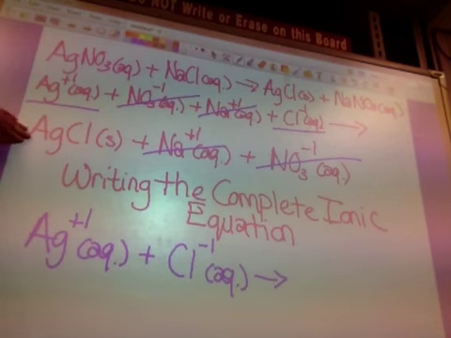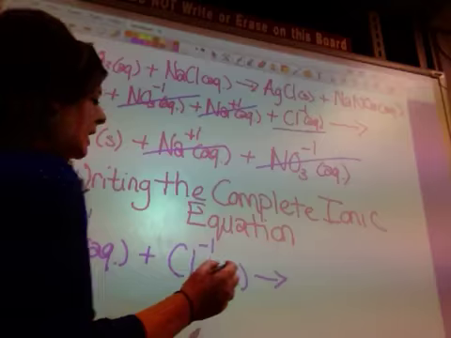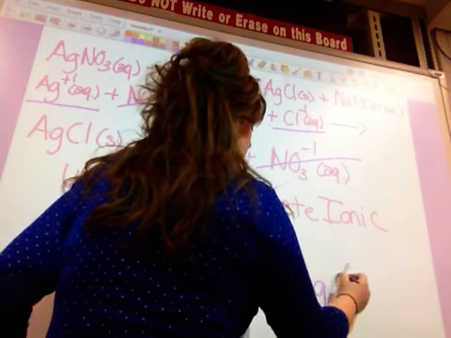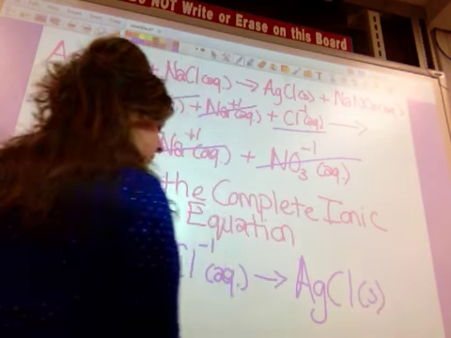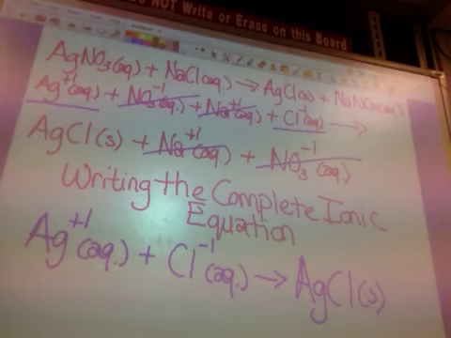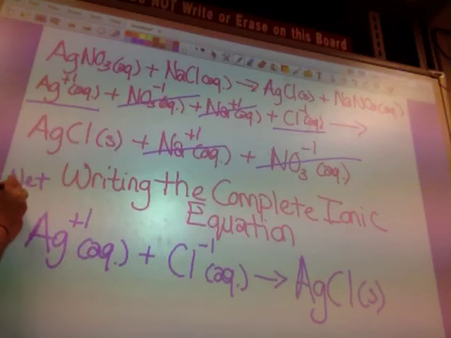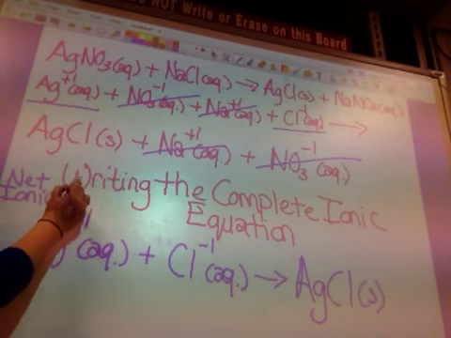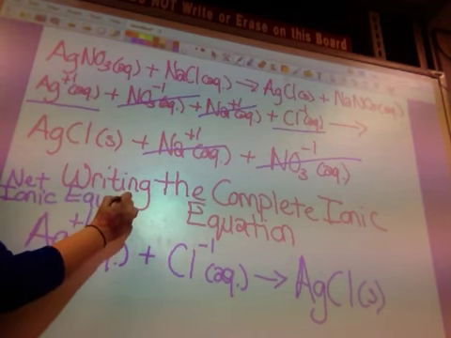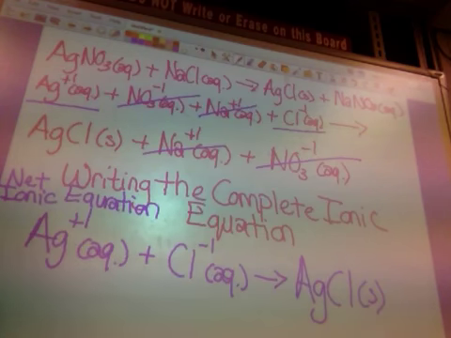And the only product that I made was silver chloride that's a solid. This is called your net ionic equation. Once you get here, you're done.